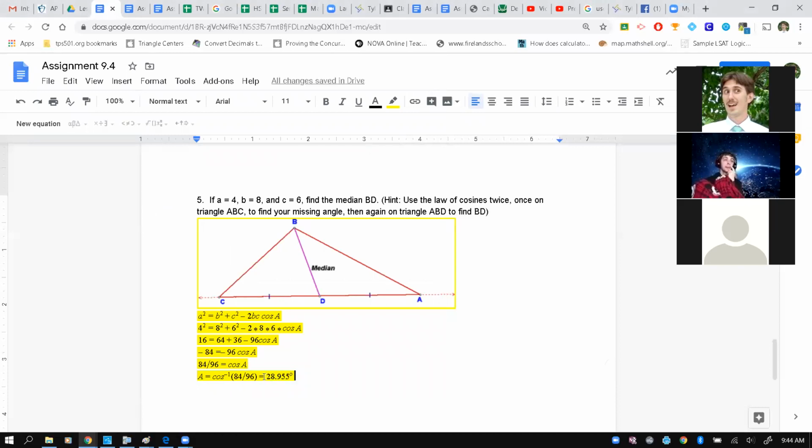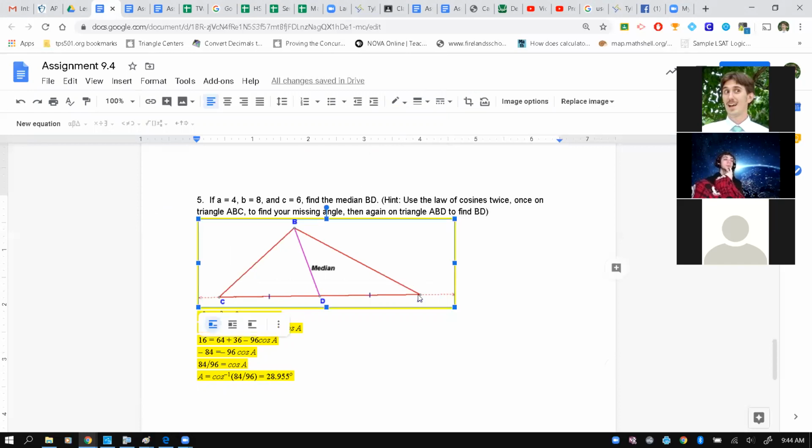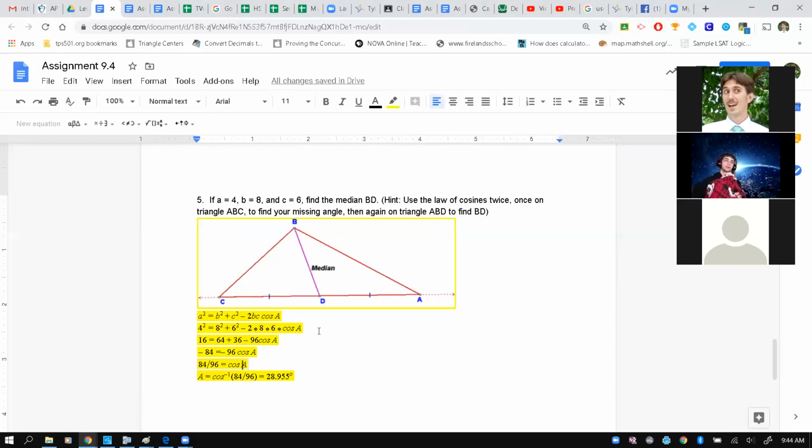degrees. Okay, so now the idea here is if angle A is 28.955 degrees, and I know AB, this side, is 6, and I know from A to C it's 8, then this is going to be 4 from A to D. I know angle A and I know AB, and so I just need to find this side that's opposite angle A, which is actually the exact same formula.